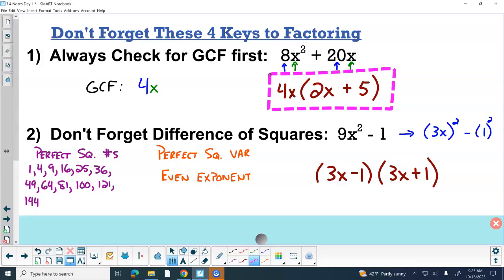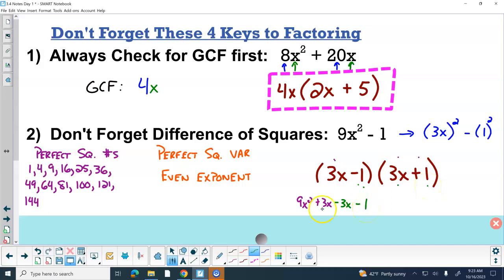Okay. So we would go 3x times 3x gets me 9x squared. We can go 3x times 1 gets me plus 3x. We go negative 1 times 3x is negative 3x. We go negative 1 times positive 1, and that can give you negative 1.